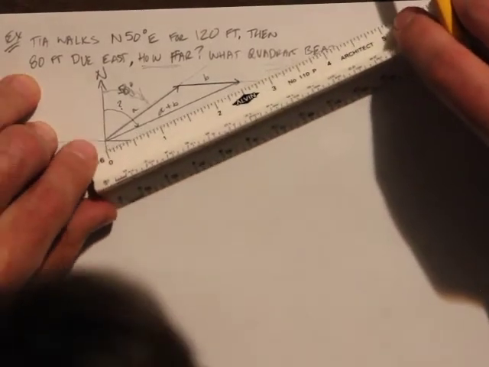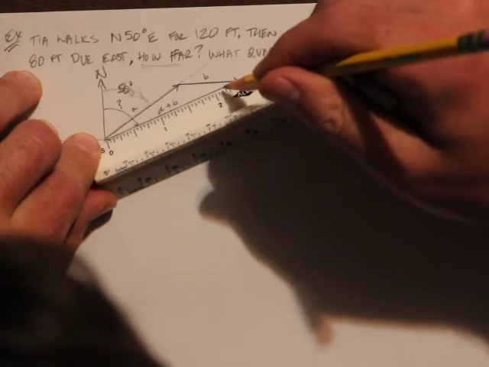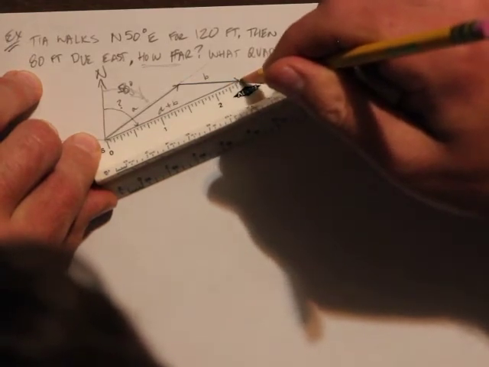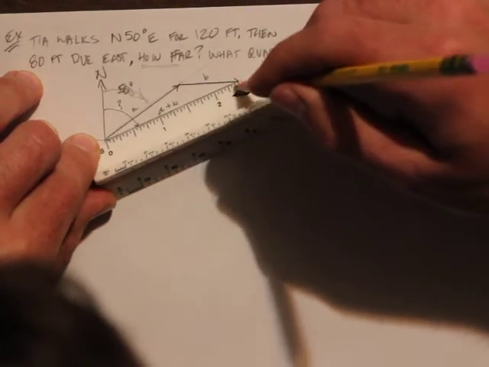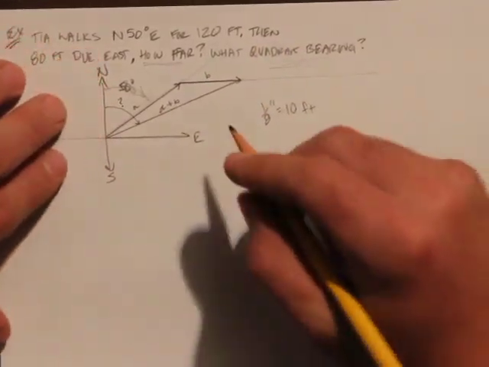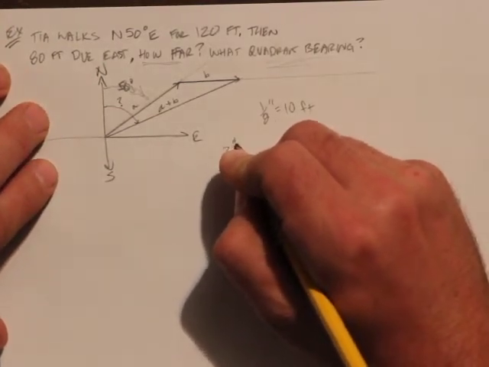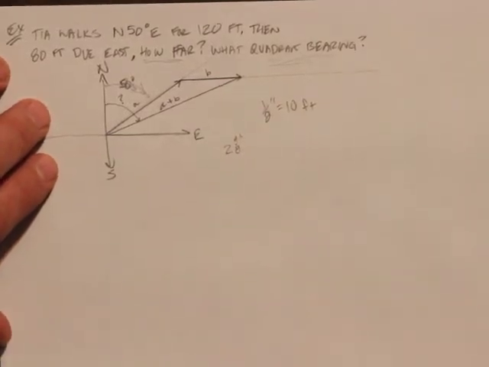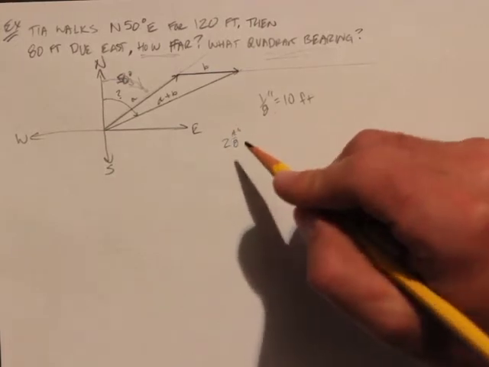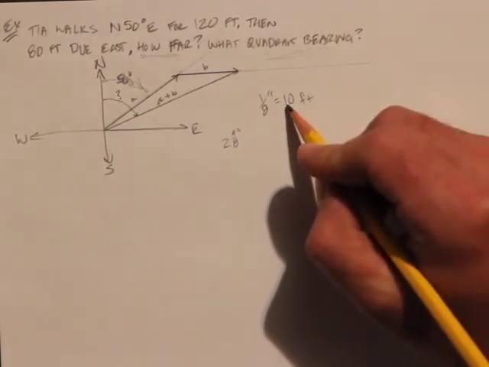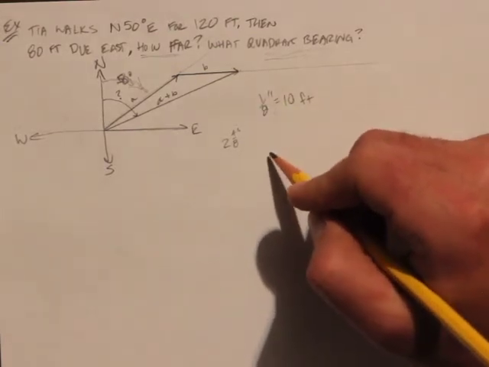So let's measure how far we go here. We've got 1 inch, 2 inches, and approximately 4/8. I'm going to keep it in eighths because it's going to be easier that way. If I have 2 4/8, which is 2.5, how many feet have I gone if each 10 feet is 1/8 of an inch?